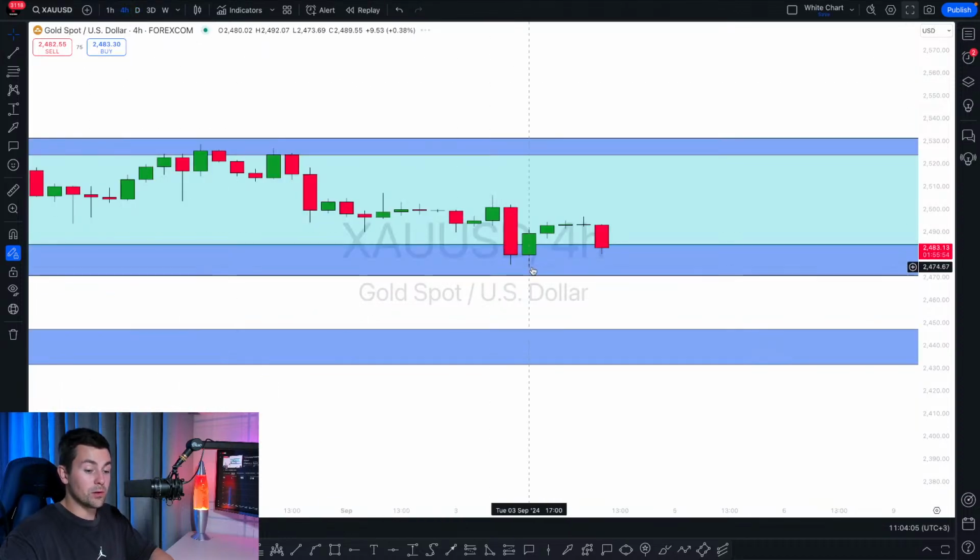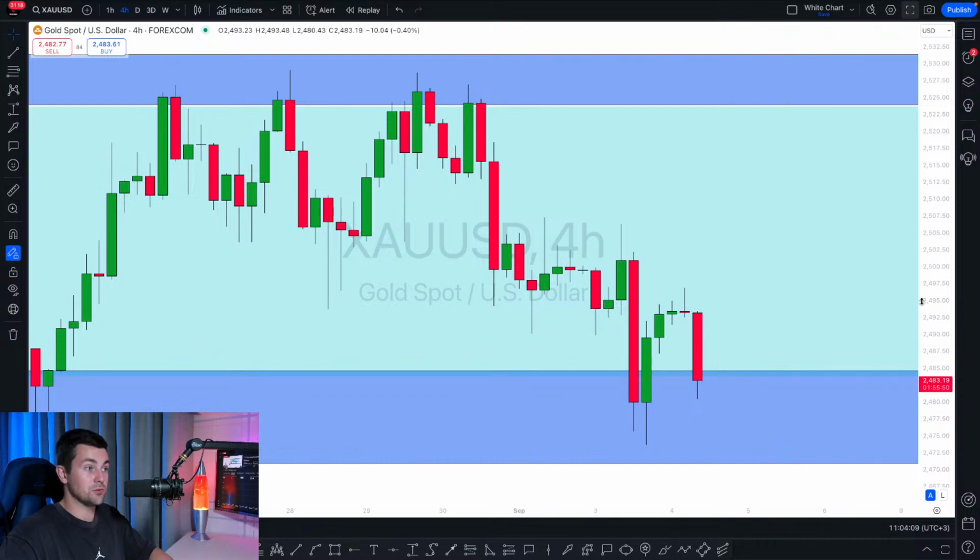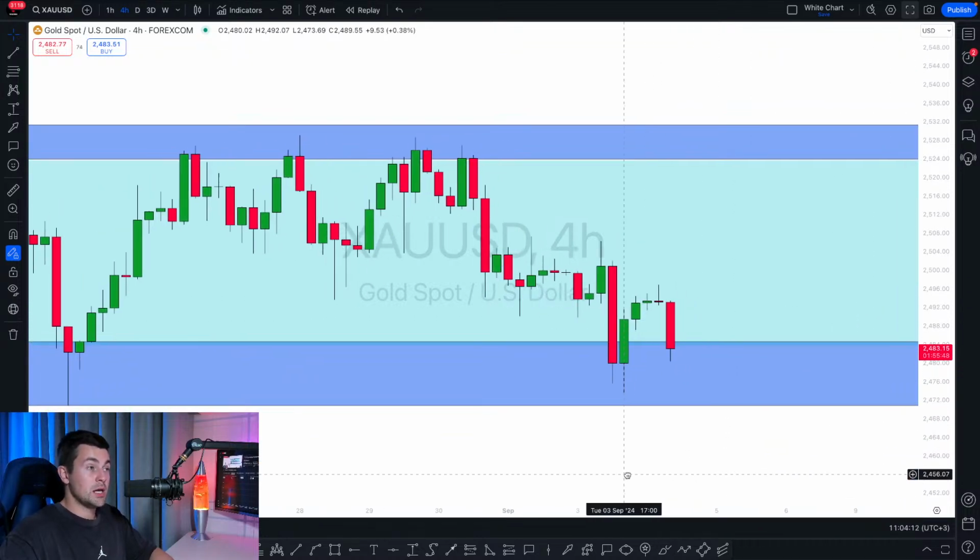If we open the 4-hour time frame and analyze the price action, we should look for something that will confirm the strength of the buyers. We should look for something that will confirm that the market becomes bullish.